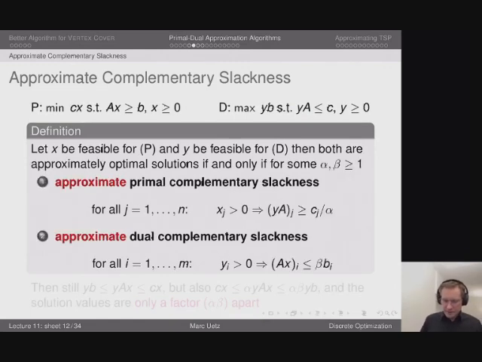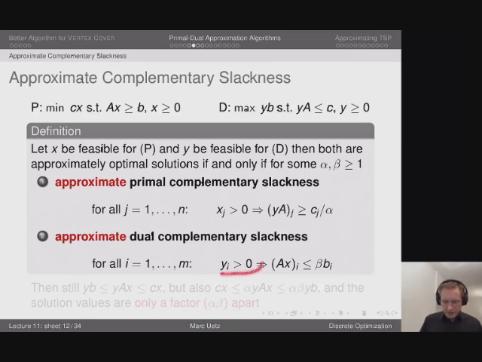So whenever a primal variable is strictly larger than 0, the corresponding dual constraint could be strictly smaller than Cj, but not too much. So it's at least Cj divided by some alpha, where alpha is larger or equal than 1. Okay, so it could be not equality, it could be strictly smaller, but not by too much.